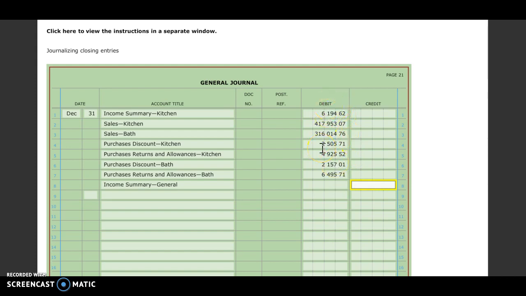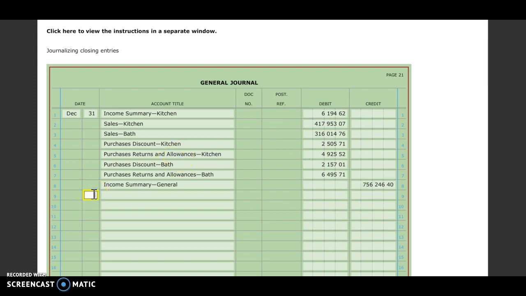So now what I'm going to do is add up those debits. Okay, so I'm going to be crediting income summary general for $756,246.40.